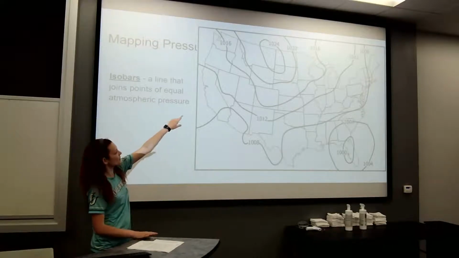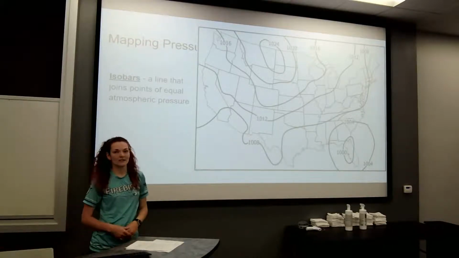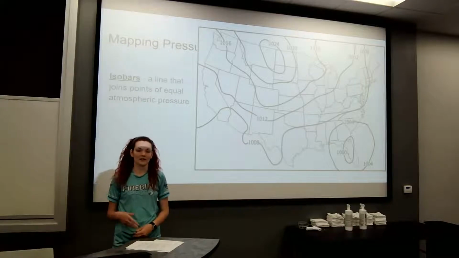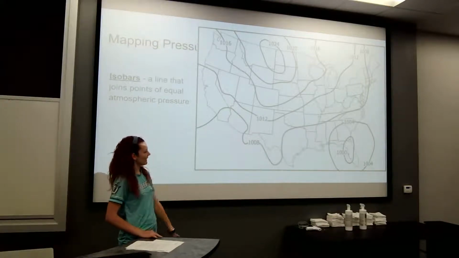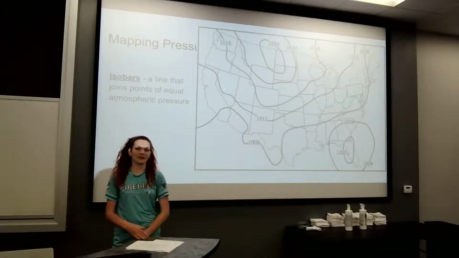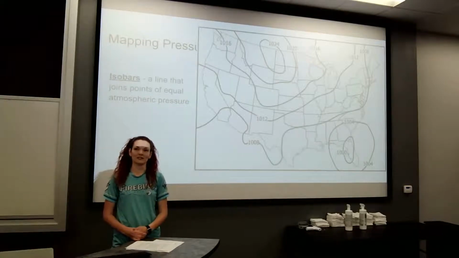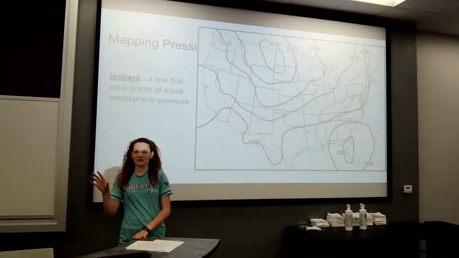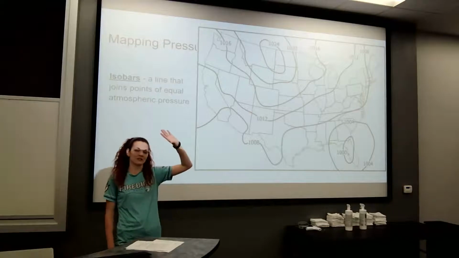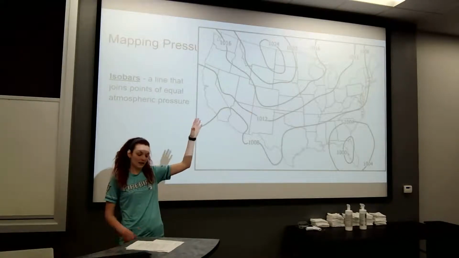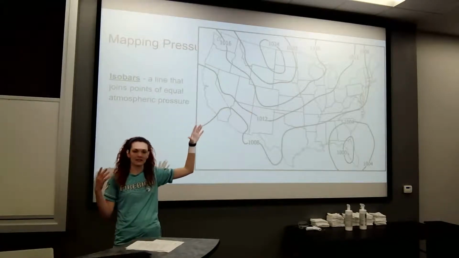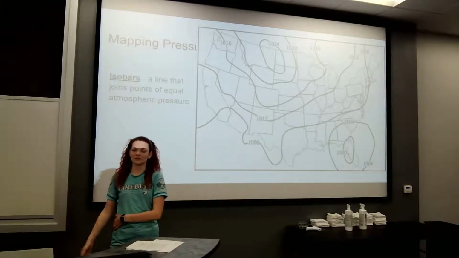So up at the top, up near Montana, is 1,024 millibars. That's our highest pressure on the map. And then all the way down in Florida is the lowest pressure at 1,000 millibars. So just showing you low pressure, where it's concentrated, high pressures up here. And then where our low and high pressure is really going to affect how the wind blows.